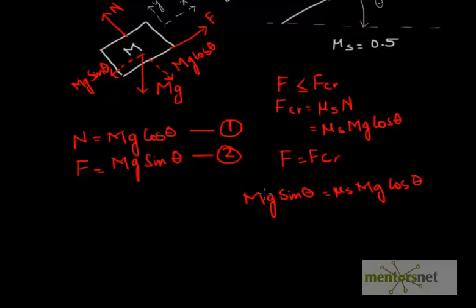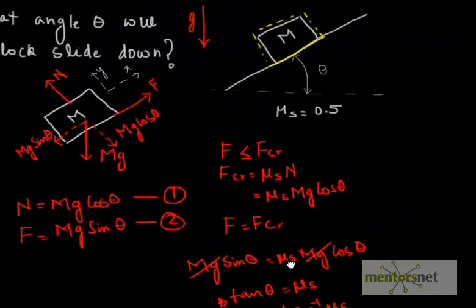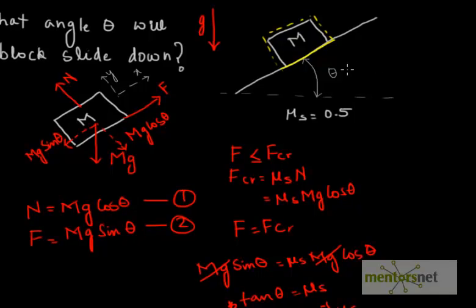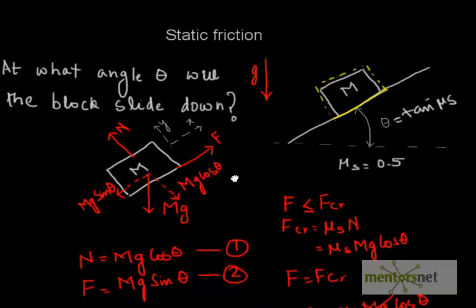You can just divide both sides by mg and get that tan theta is equal to mu s, hence theta is equal to tan inverse mu s. So as soon as we cross an angle theta whose value is equal to tan inverse mu s, this block will start sliding.